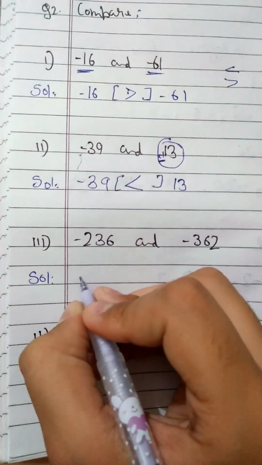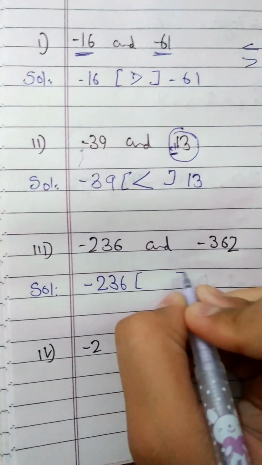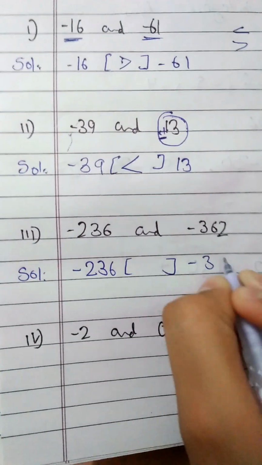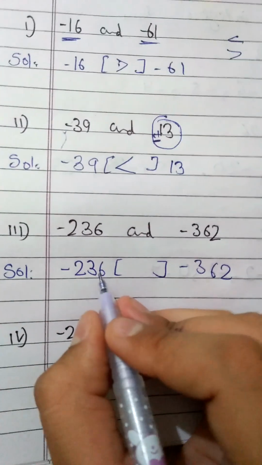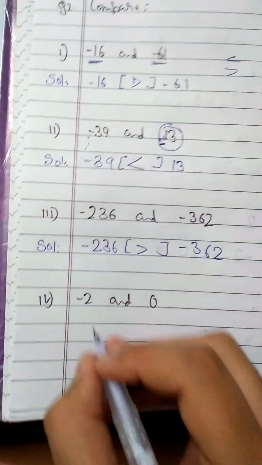So the third part is -236 and -362. What will be the answer? Yes, -236.